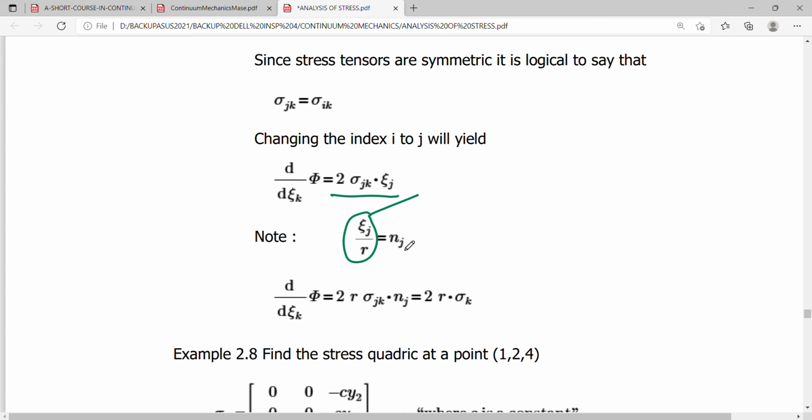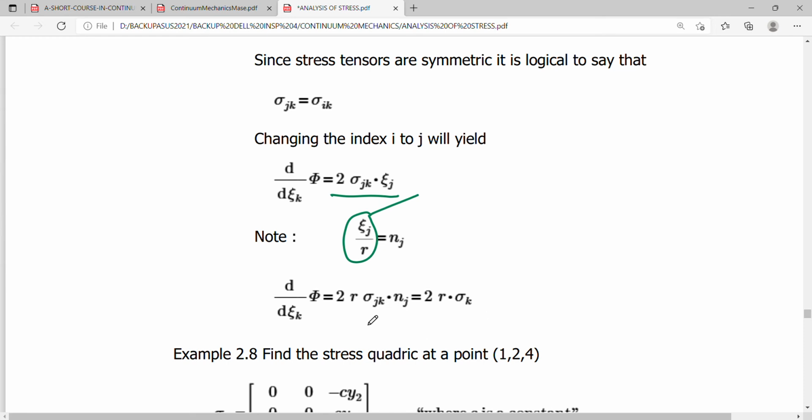Knowing that this is related, we can convert the partial derivative of your quadric surface phi with respect to cassis of k, which is simply equal to 2r sigma k.